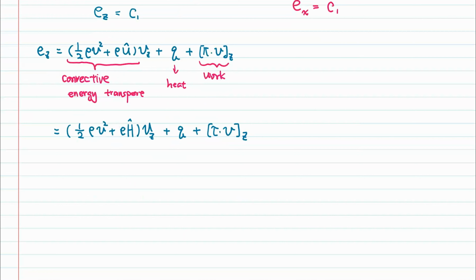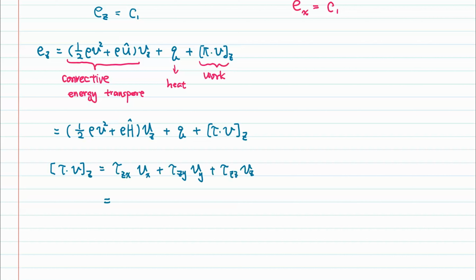And if we keep on analyzing this, if you look at the mechanical stress part, tau dot v in the z direction equals to what? Equals tau xx times vx. I'm sorry, it should be tau zx vx plus tau zy vy plus tau zz vz.